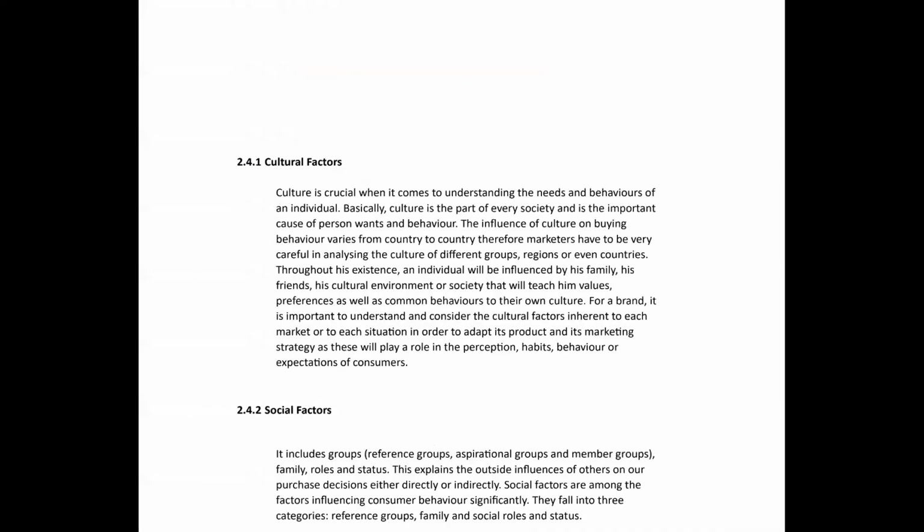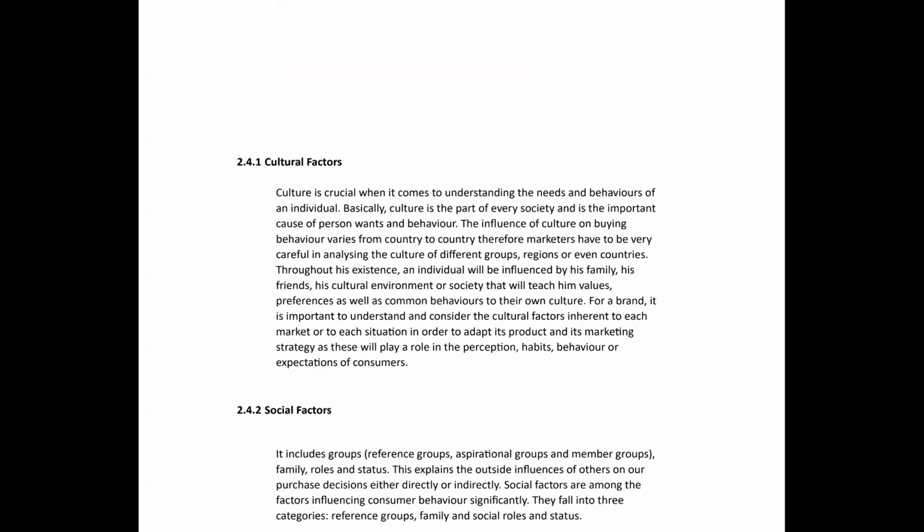Let's start with the cultural factors. Number one, the cultural factors. So culture is very crucial when it comes to understanding the needs and the behaviors of individuals, right? Culture is part of every society and is a very important cause of a person's wants and behavior.